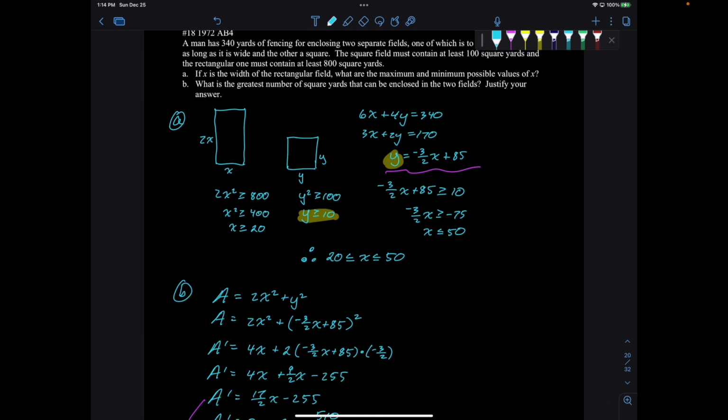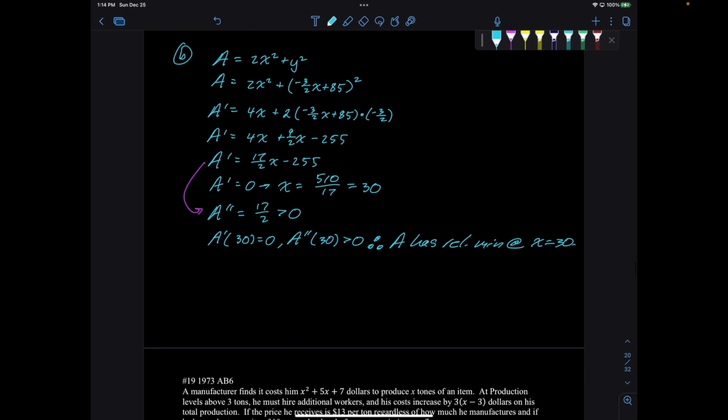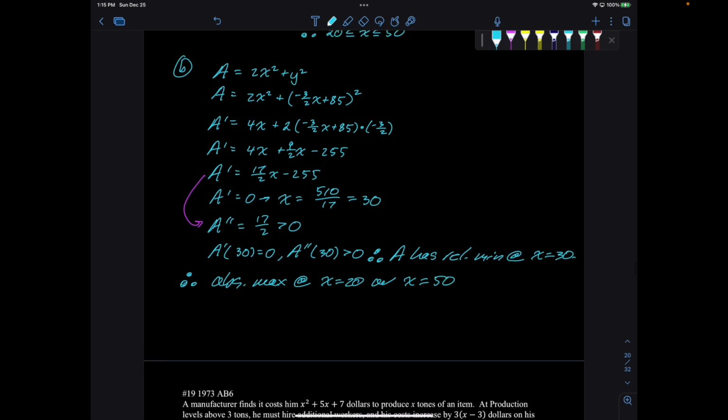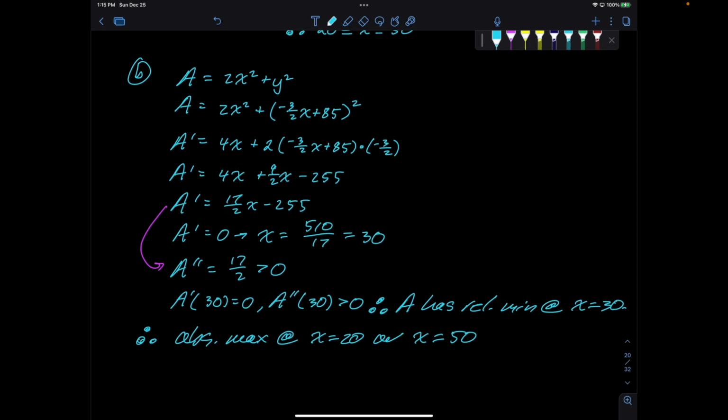What is the greatest number? All right, therefore, the absolute max is either at 20 or 50.